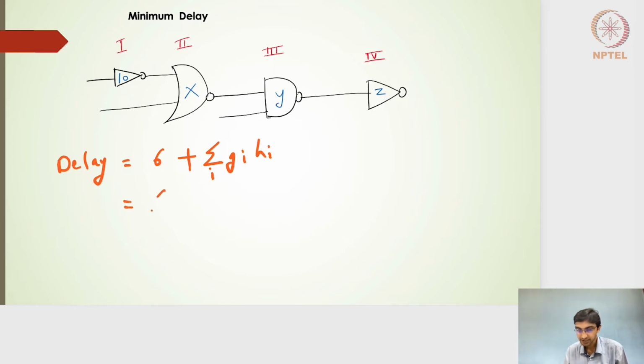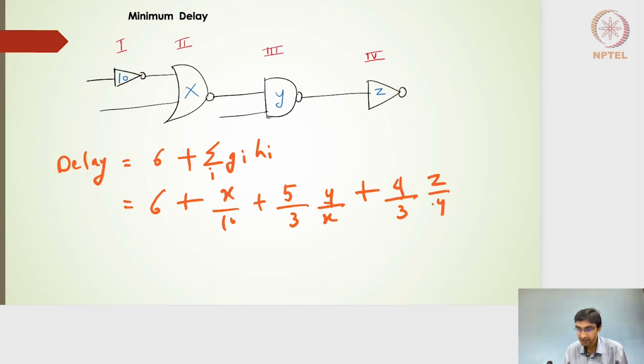So it turns out to be nothing but 6 plus X by 10 plus 5 by 3 Y by X, plus 4 by 3 Z by Y, and let's say this is connected to, we said it is connected to 20C. So G will be 1 and then 20 by Z.